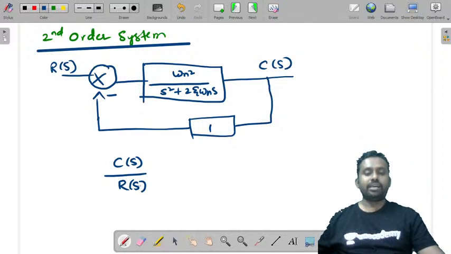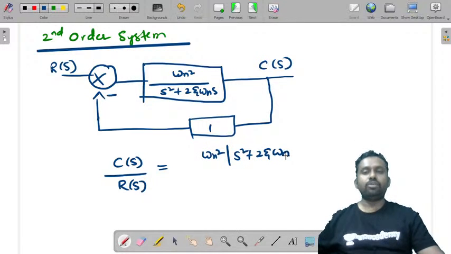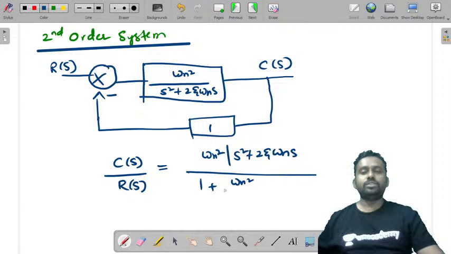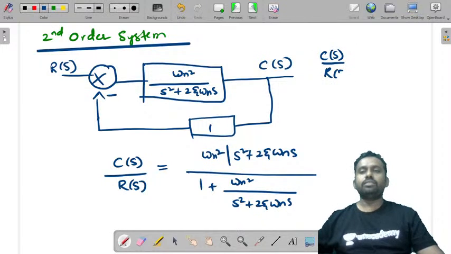C of s by R of s is equal to omega n square by s square plus 2 zeta omega n s, divided by 1 plus omega n square by s square plus 2 zeta omega n s. How did you get this? For a feedback path, we know that it is G of s by 1 plus G of s into H of s.